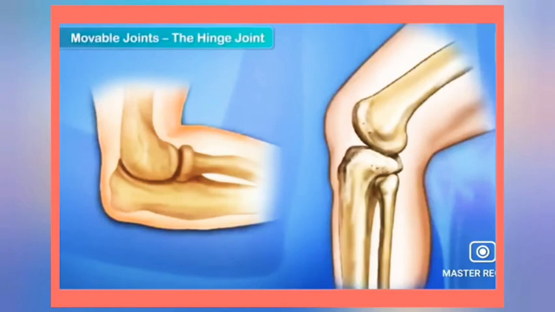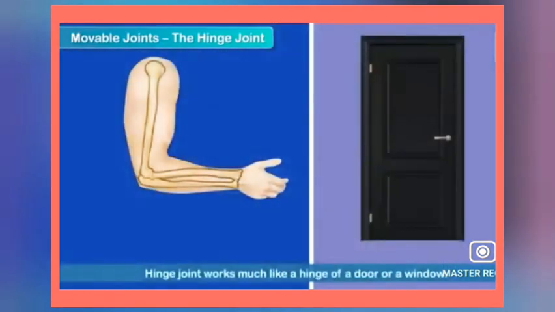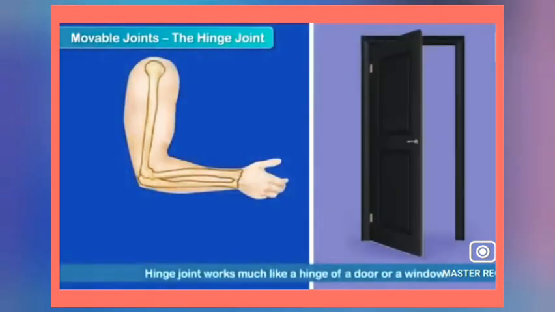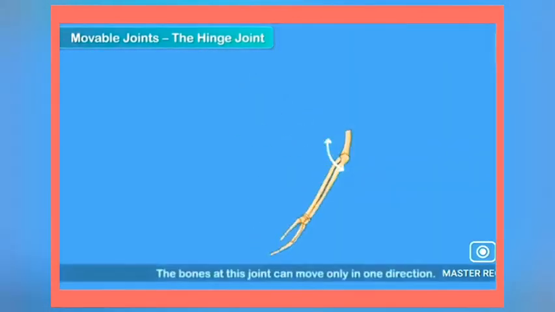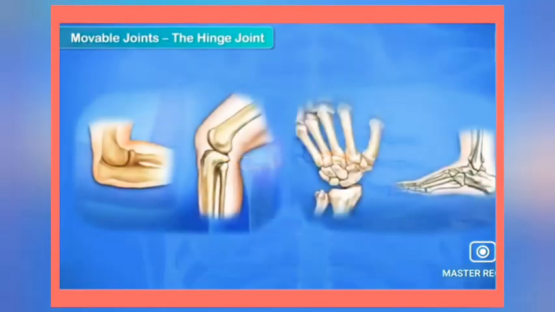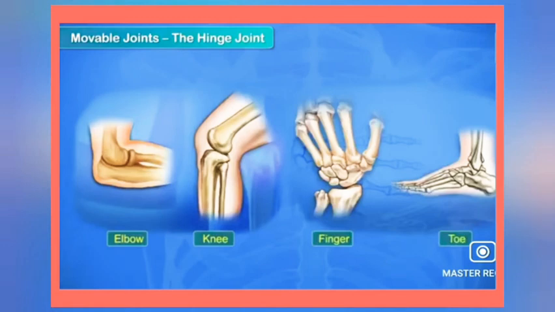The hinge joint. This joint works much like the hinge of a door or a window. The bones at this joint can move only in one direction. The joints of the elbows, knees, and in the fingers and toes are examples of hinge joints.